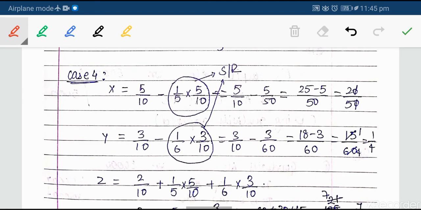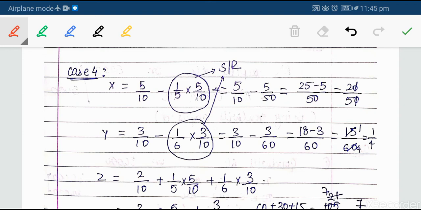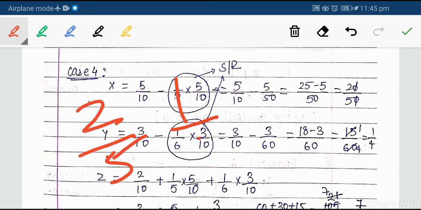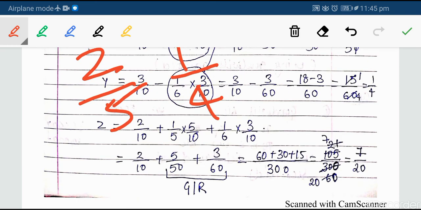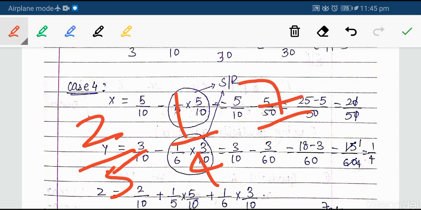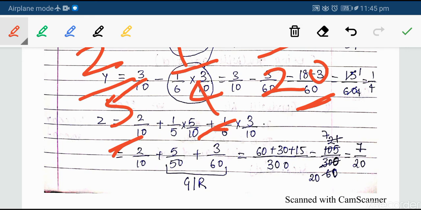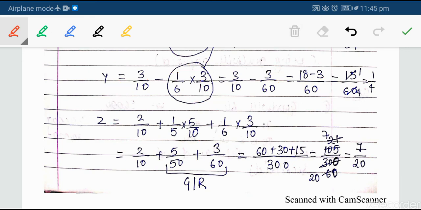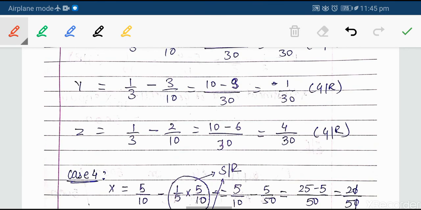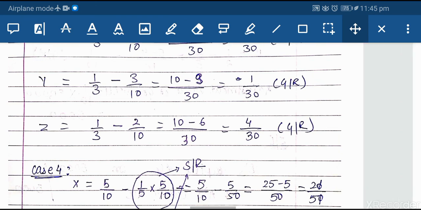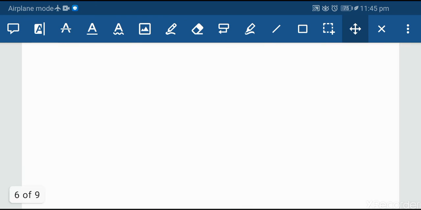So we have calculated the new profit sharing ratio: 2/5, then 1/4, and then 7/20. It is not in a proper common form. This 5 can be converted into 20, and this 4 can also be converted into 20. So we will calculate with the same denominator like this.